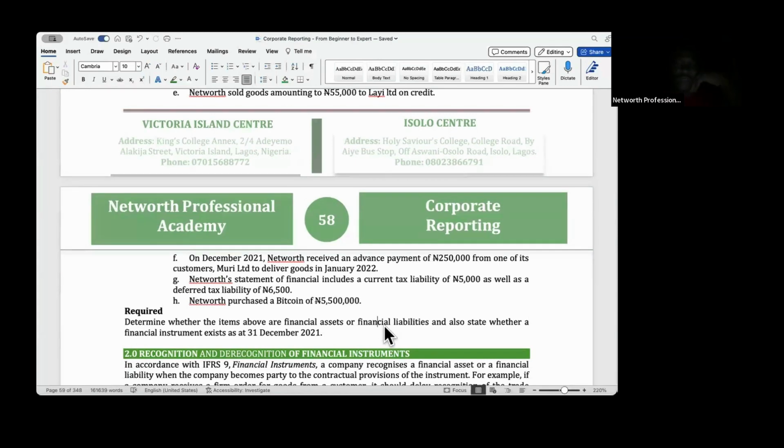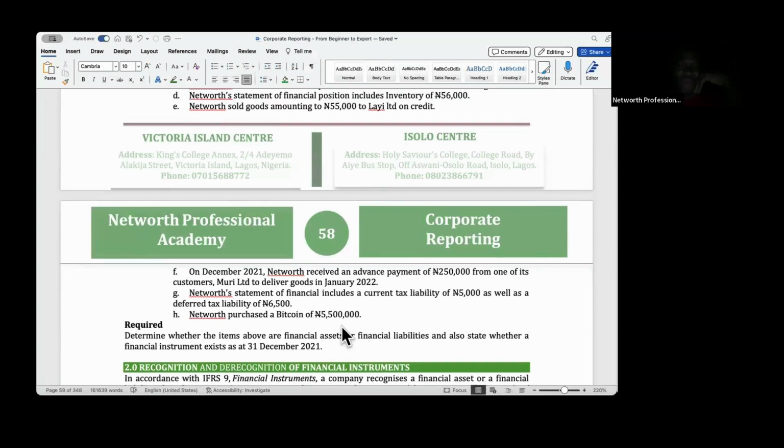And you are also expected to state whether a financial instrument exists as at 31st December 2021. So you need to tell us, is it a financial asset or a financial liability, and whether a financial instrument exists.